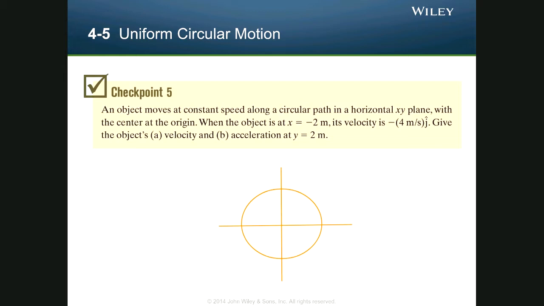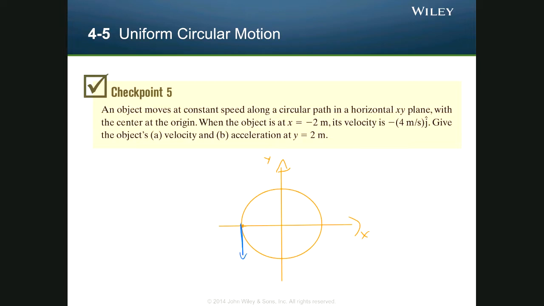We want to read it carefully. So we'll make this a standard coordinate axis. That just means that those are the positive directions. Call this x. We'll call this y. So when x is equal to -2, let's call it that point there. All right. The velocity is -4j. So that means the velocity vector, let's change colors, is -4j, right?